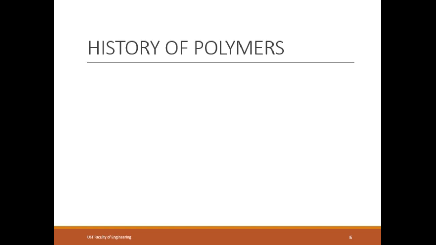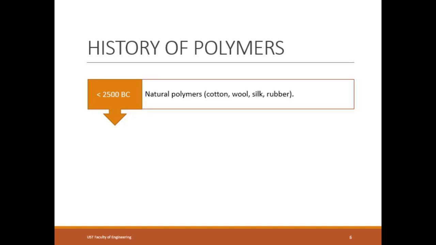Now let's go back and take a look at the brief history of the development of polymers. If you think about it, even before 2500 BC, natural polymers have always existed and people have been using those for centuries and for thousands of years, like wood, cotton, and silk, which are used to make fabrics.